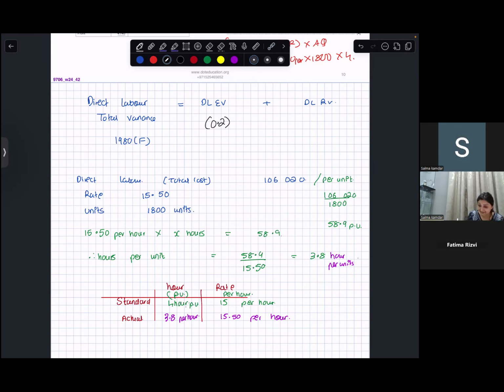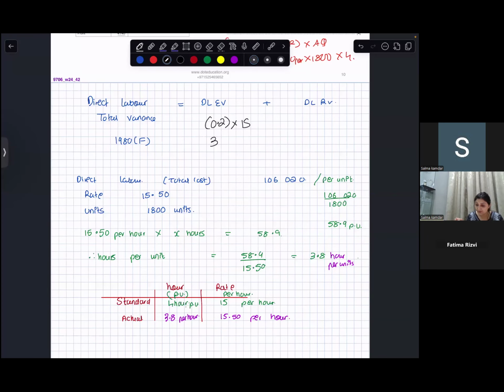So that's 3. Then 3 into 1,800 units for actual quantity produced. So I have 5,400 favorable.